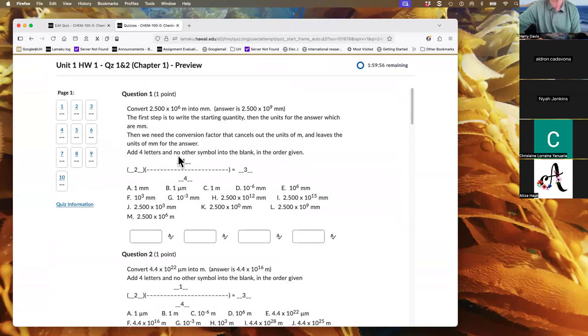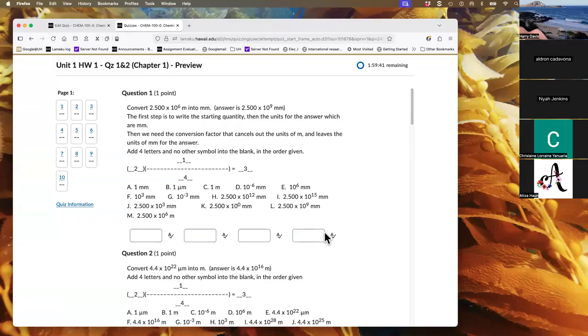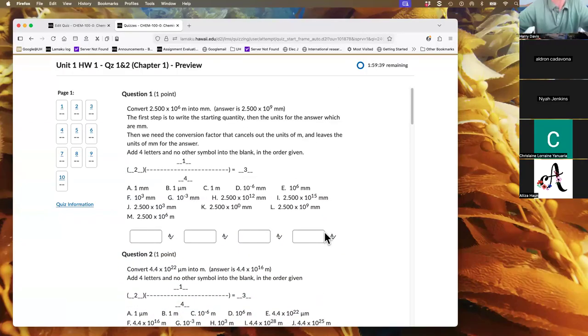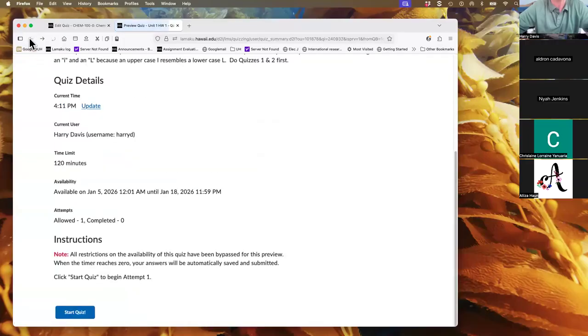So here's where the answers are. Here's where you put them. Whatever answer goes here is in this box, and here's number 2, here's number 3, here's number 4. It does not allow me to number the boxes or do anything else. It's a very, I don't know, what's the word, rudimentary program.